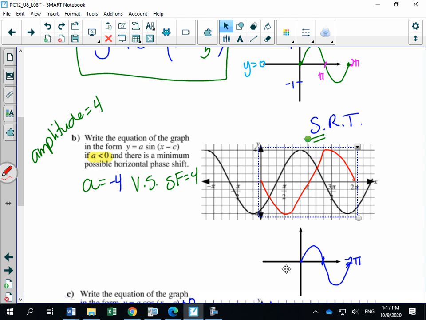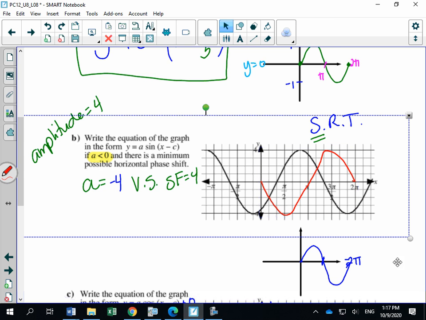And then we have to match up the graph. So you have to say, do I move my graph in this direction, or do I move my graph to match it up over here? And you always do what's called the minimum phase shift.